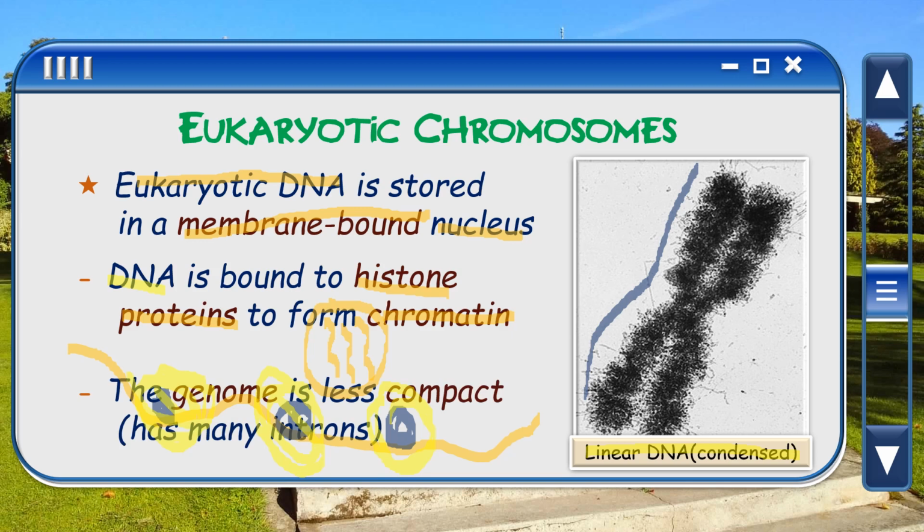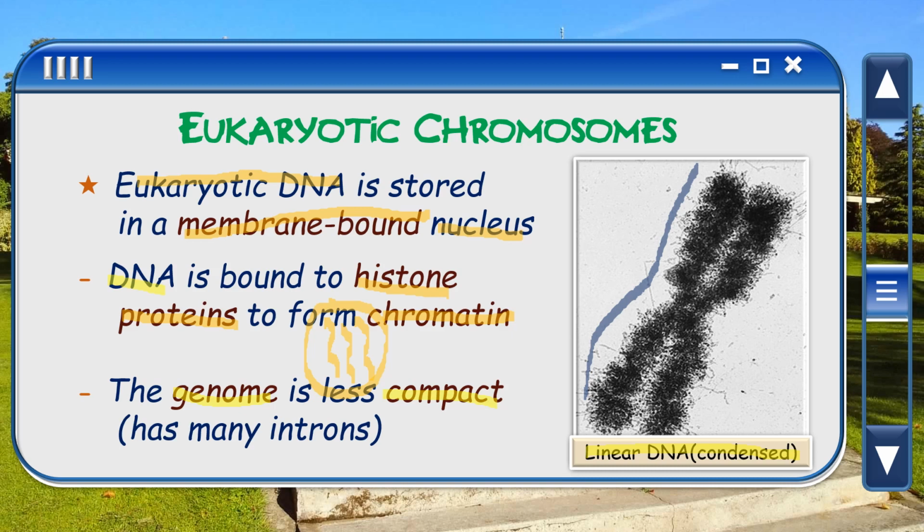Now, we are saying the genome is less compact. It has many introns. The genome is less compact. That is for the DNA or the chromosome for eukaryotes. The genome, the total number of genes, they are less compact because they have got a lot of introns.